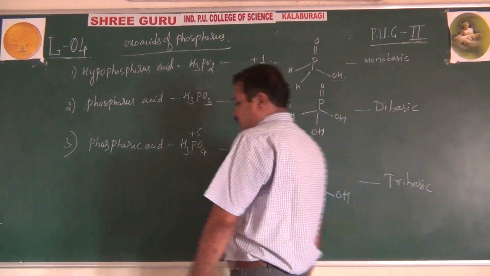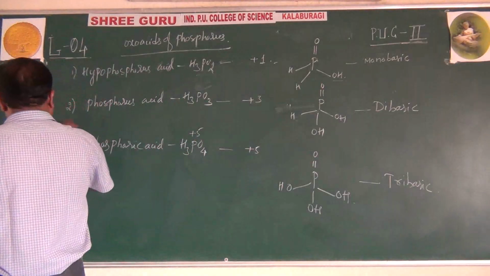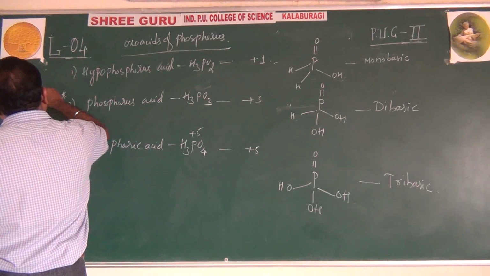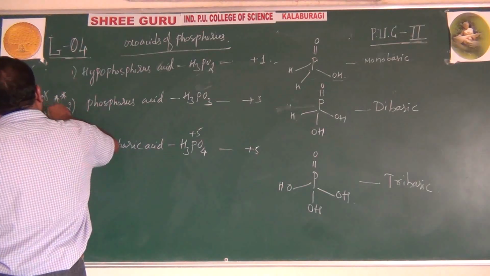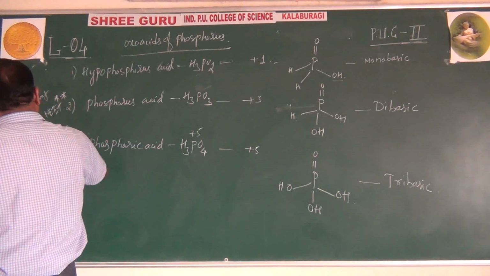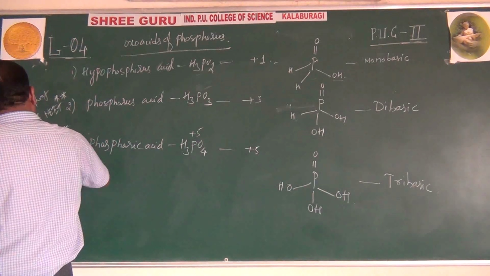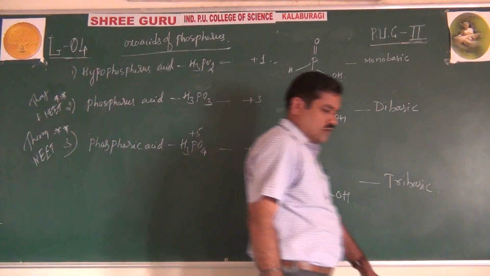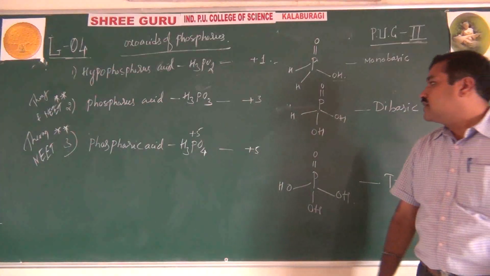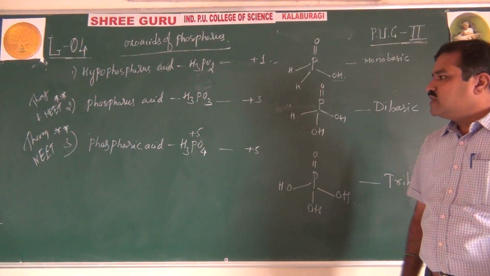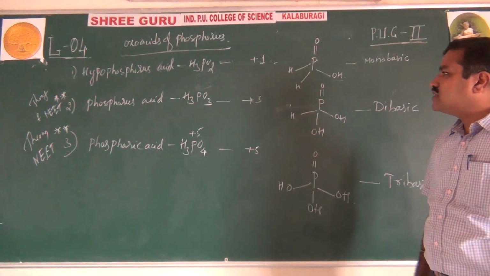We will ask this, very important for theory purpose and for NEET purpose also. Theory as well as NEET. Structure, oxidation state, and whether they are monobasic, dibasic, or tribasic. These are lower acids, +1, +3, +1.